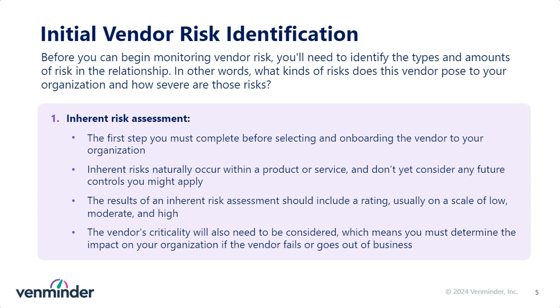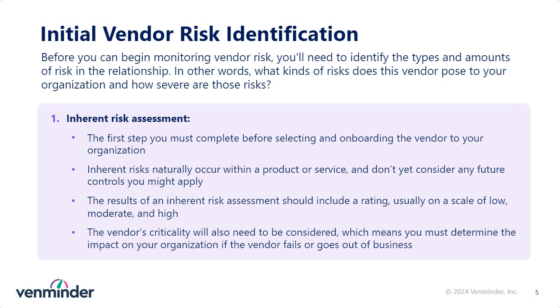The actual definition of inherent is existing in something as a permanent, essential, or characteristic attribute. The results of an inherent risk assessment should include a rating, usually on a scale of low, moderate, or high, or some variation of that rating scale. Best practices recommend a rating scale no greater than 5.